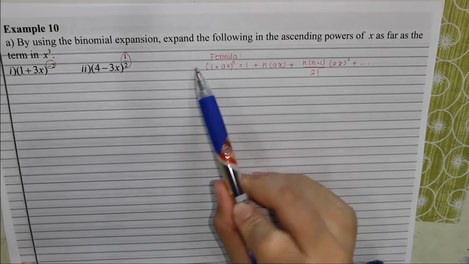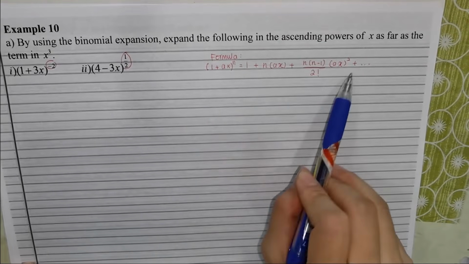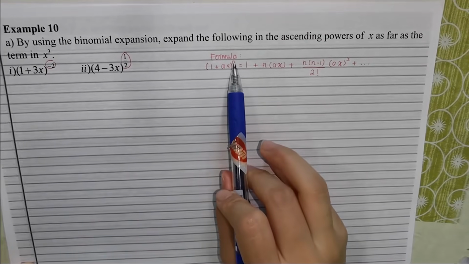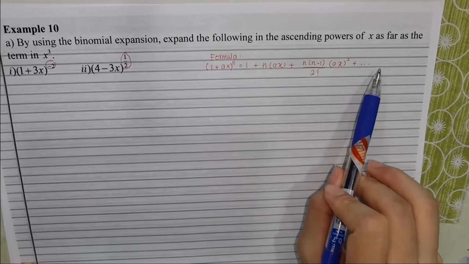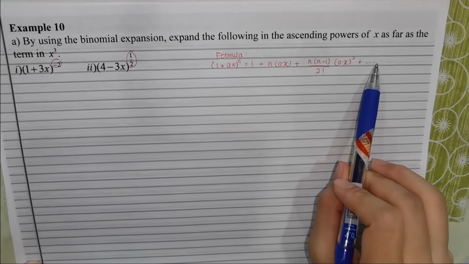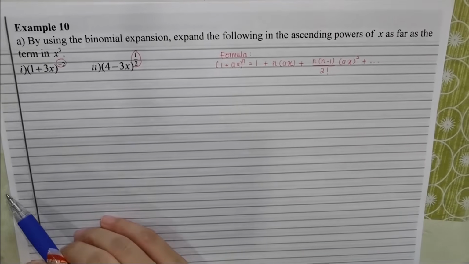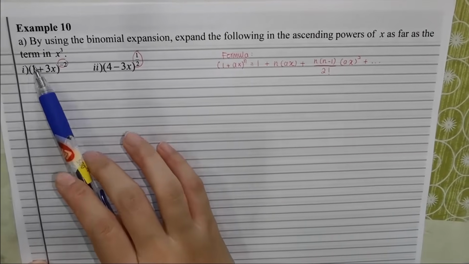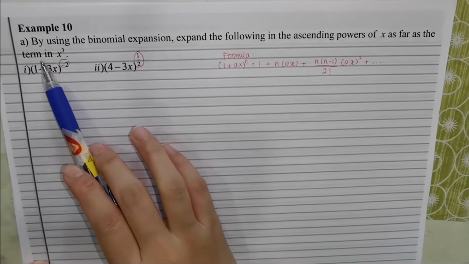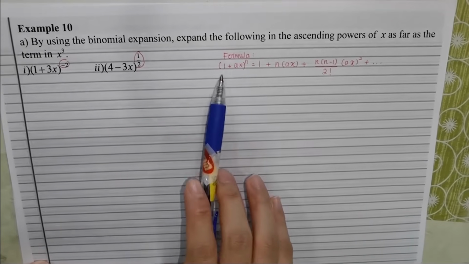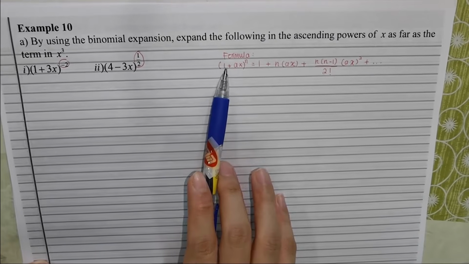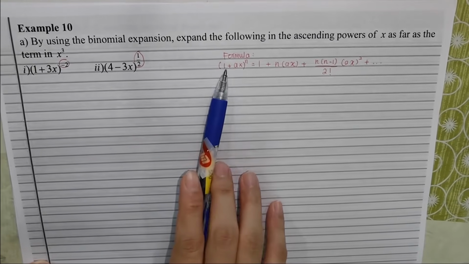So it satisfies this formula, (1 + ax)^n. The second thing we have to consider is the first term. The first term here must always be 1. In order to use this formula, we have to get 1 as the first term.